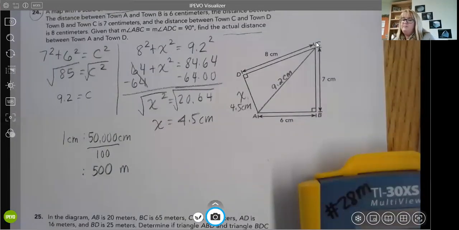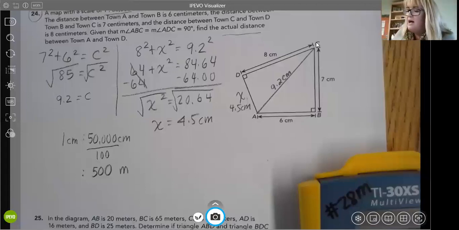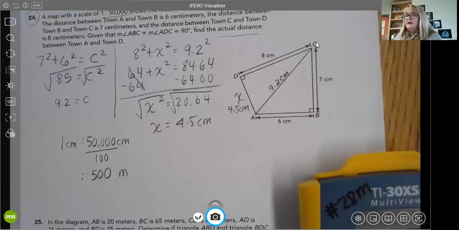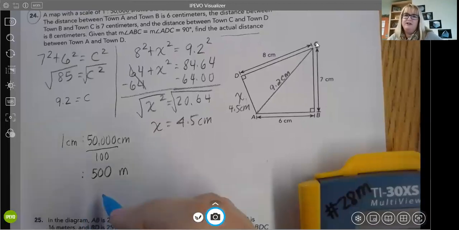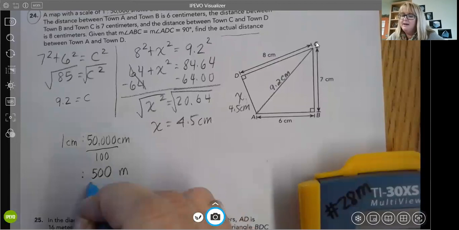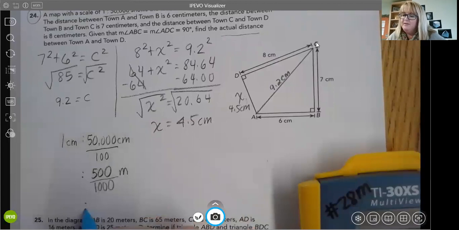Okay, 500 meters. Now, how many meters are in a kilometer? Because I think kilometer is a more useful measure between towns. Well, there are 1,000 meters in a kilometer. So if I were to divide this by 1,000, that would equal 0.5 kilometers.